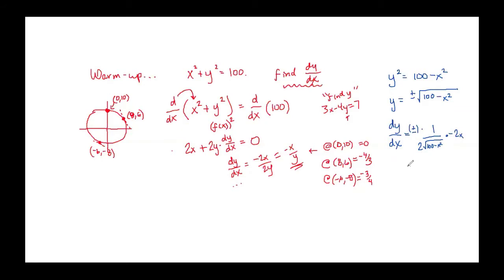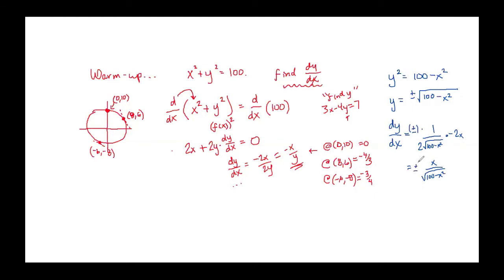Simplifying a little bit, the 2's drop out, and I'll have x over the square root of 100 minus x squared, and then a negative and a plus or minus, well, just plus or minus then.